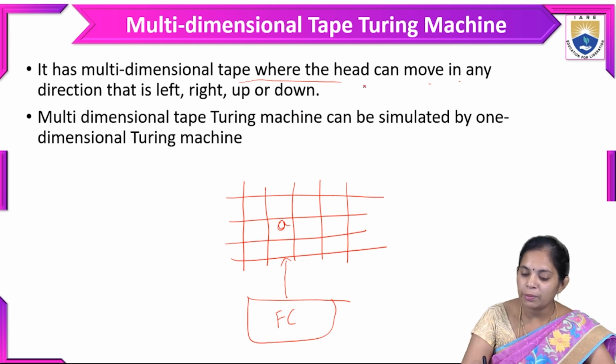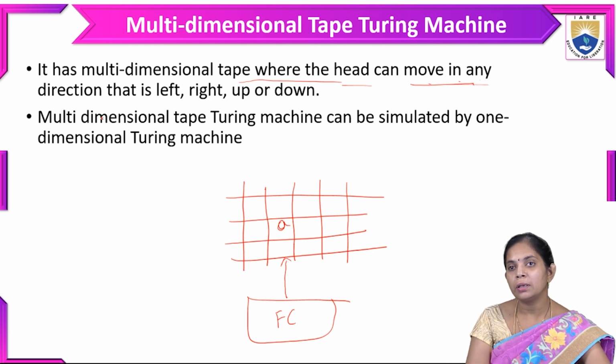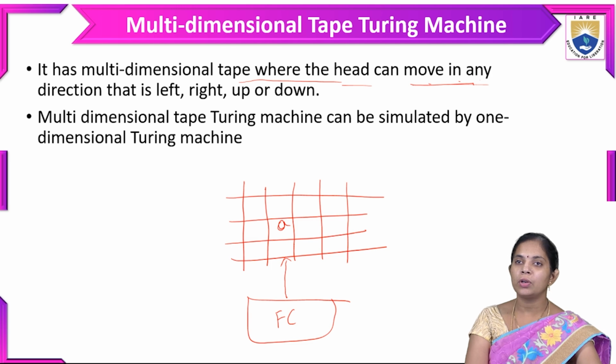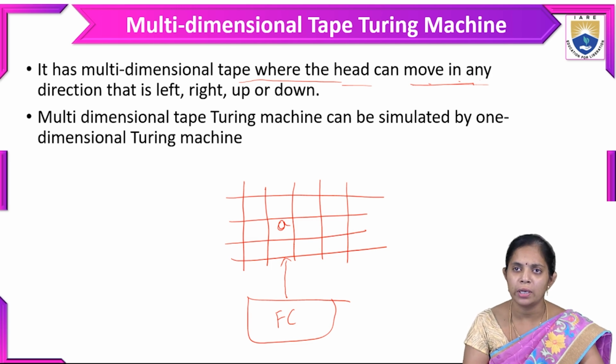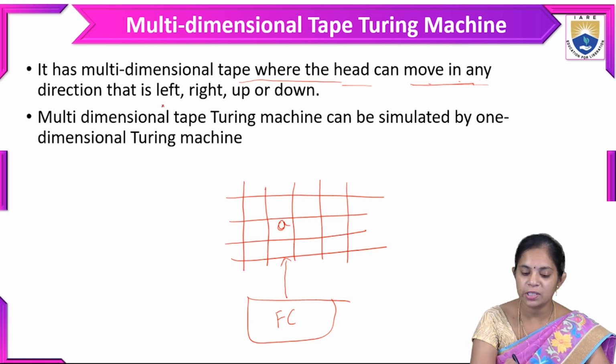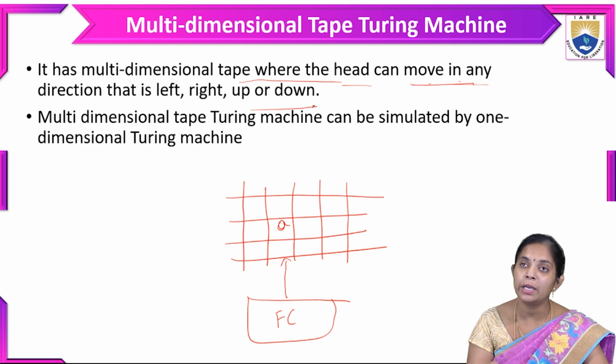The multi-dimensional Turing machine can move in any direction. The standard Turing machine moves left or right, but when compared with it, the multi-dimensional Turing machine has the directions up and down also. And let me write.